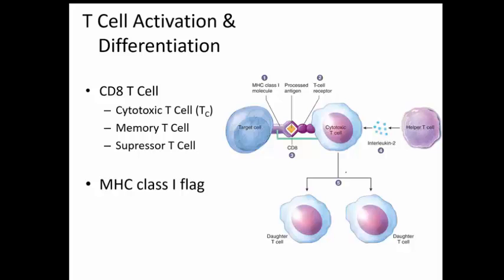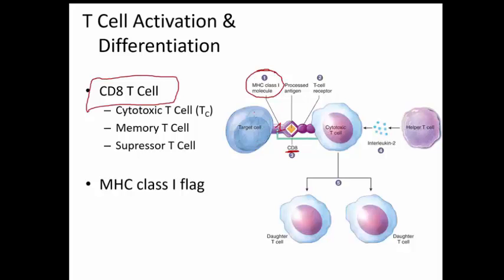So when we're talking specifically about CD cluster designation marker 8 T cells, remember that those are going to only recognize MHC class 1 molecules. So the CD8 means that it only recognizes MHC class 1.